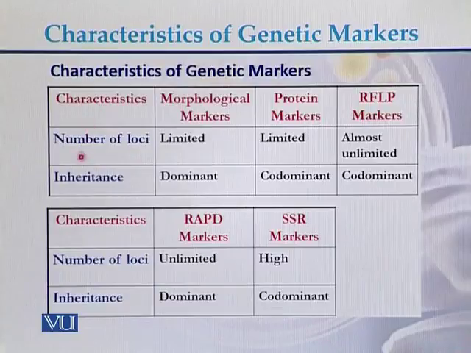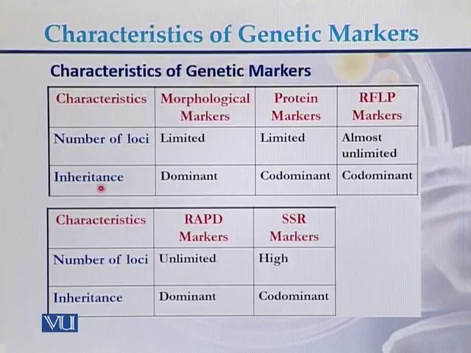If we look at the number of loci, in the case of morphological markers, protein markers, RFLP markers, RAPD markers, and SSR markers: for morphological and protein markers they are limited, for RFLP almost unlimited, in RAPD unlimited, and in SSR markers the number of loci is high.